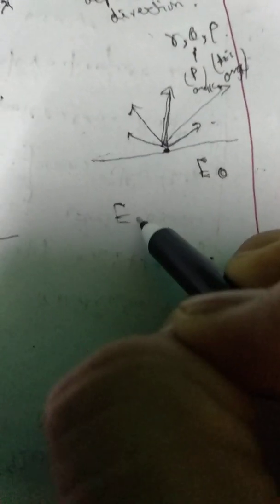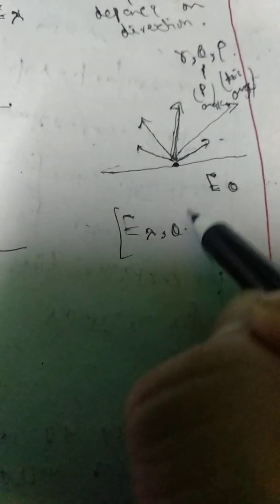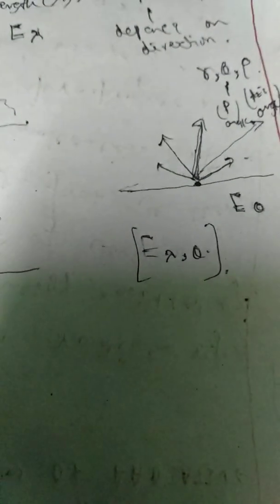And when the emissive power depends on both directional and spectral dependencies, we denote it by E lambda comma theta.